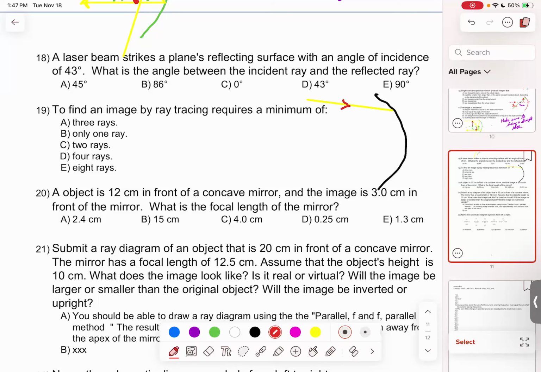It should hit this surface such that it is normal to that line. It's going to reflect off in this direction as well. And the angle of incidence, that angle there, call it theta I, should always be equal to this reflection angle. Okay?